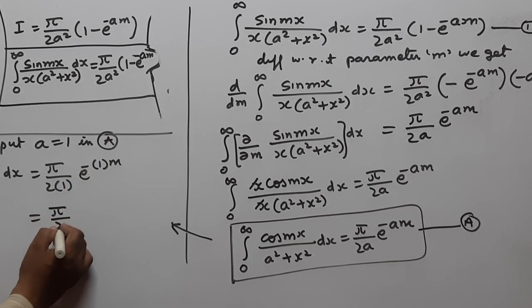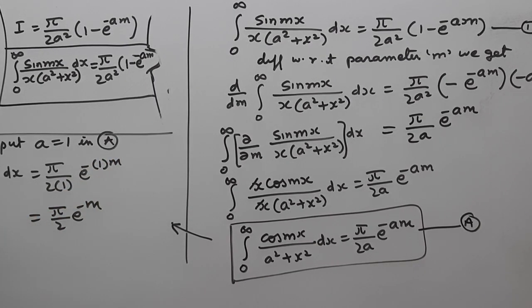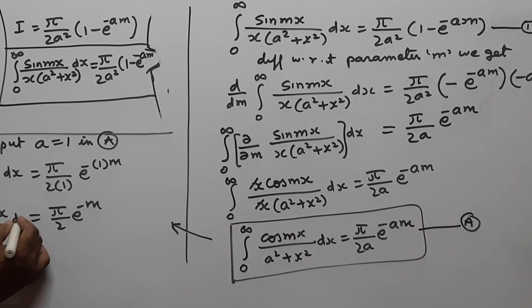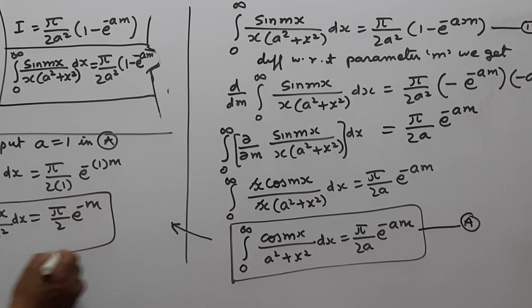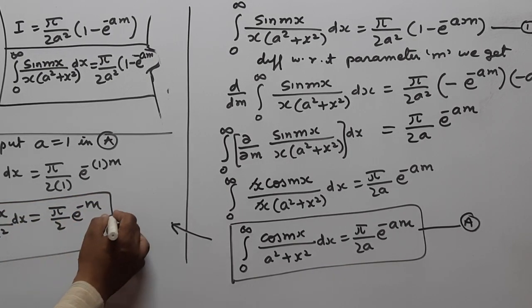So this becomes pi upon 2 e to the power minus m. So the integral of cos mx upon 1 plus x square dx is equal to pi upon 2 e to the power minus m.